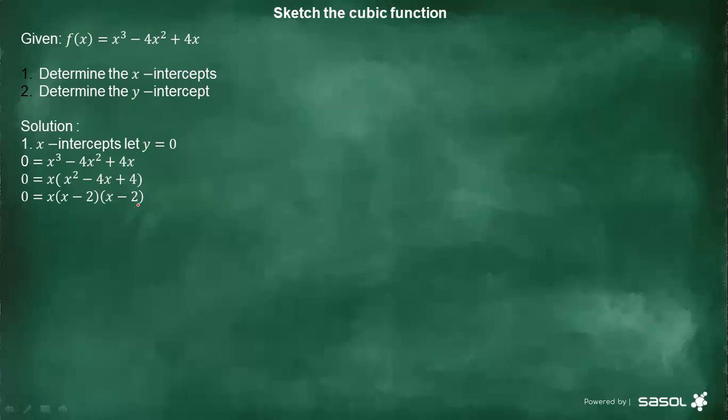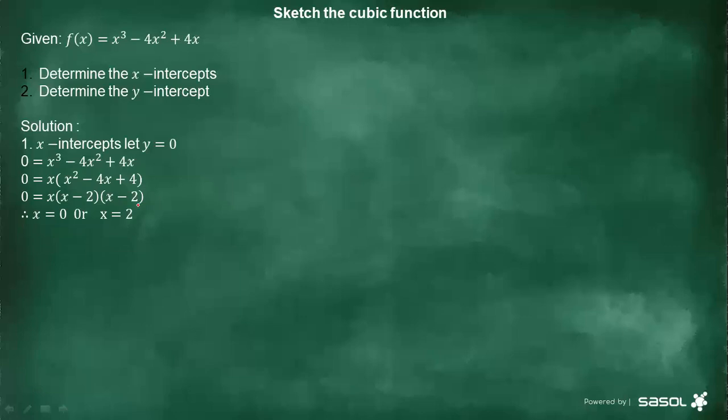You will also see when we look for the stationary point for this equation, we are going to get the x value equal to 2. So you must always remember that if two values of an x-intercept are the same, it tells you that one of the turning points is going to be on the x-axis. And then we have x equals 0 and x equals 2.